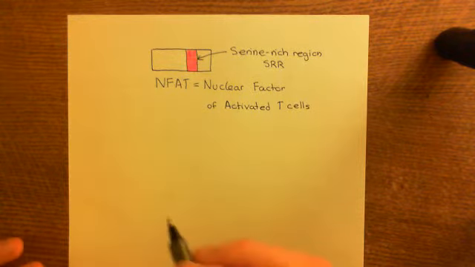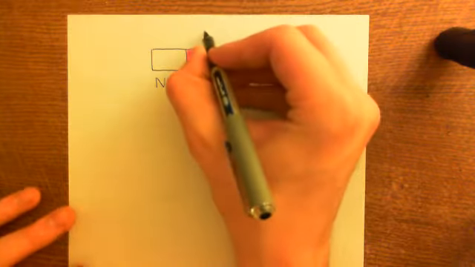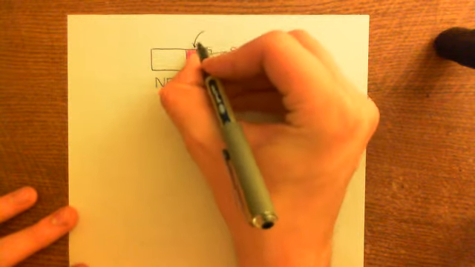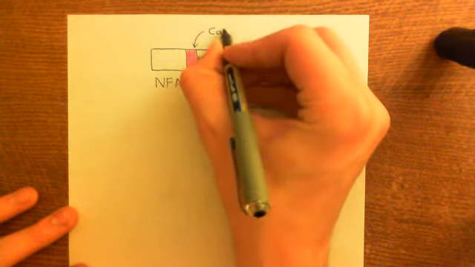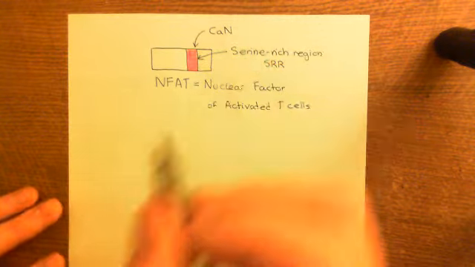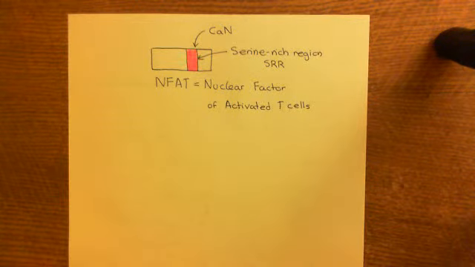So this is what calcineurin, or CaN for short, is going to do. It's going to come and remove the phosphate groups from those serine residues. And then the nuclear factor of activated T cells will be able to move from the cytoplasm of the cell into the nucleus of the cell and act as a transcription factor.